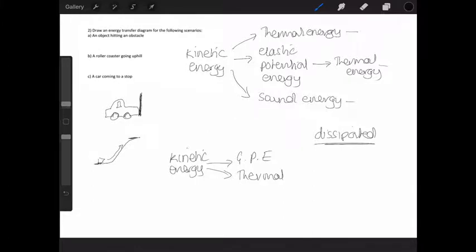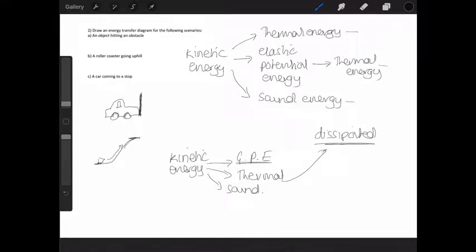Some of the energy is going to be wasted. It's not 100% efficient. You'll probably find there's going to be a little bit of sound as well in that transfer. But at the top of the hill, at the top of the roller coaster, I apologise, the main store of energy will be gravitational potential energy. Some of the energy would have been wasted and dissipated to the surroundings.